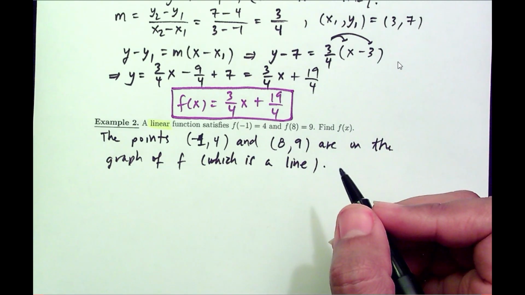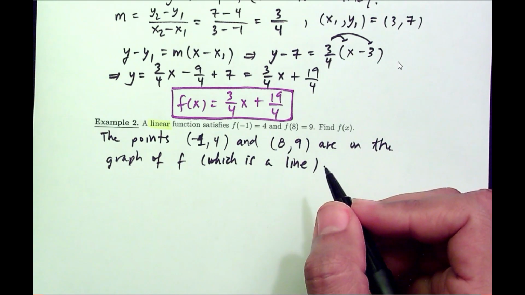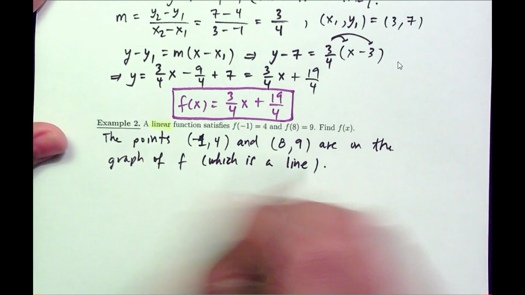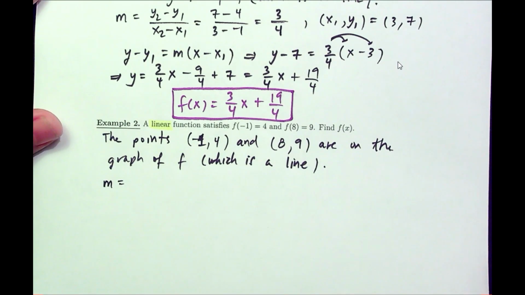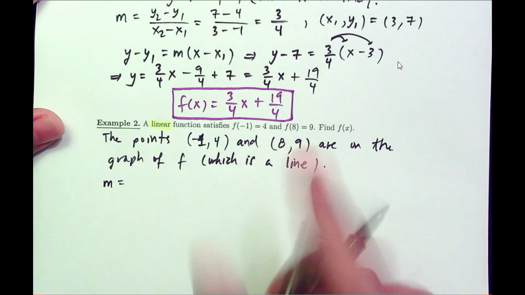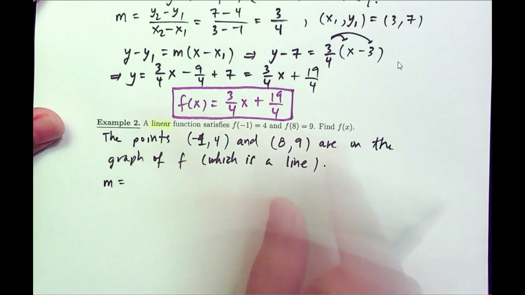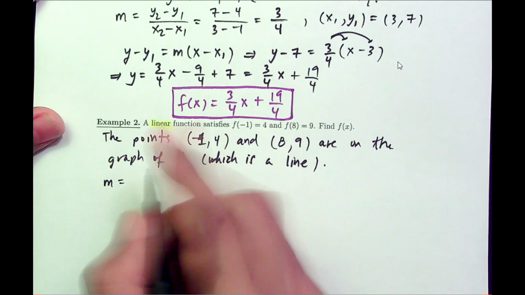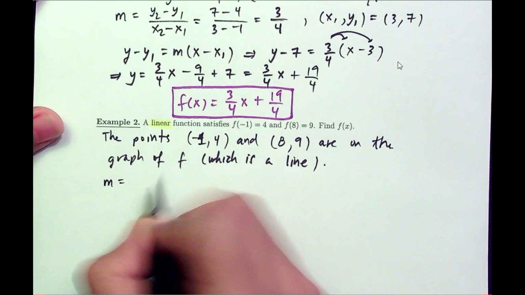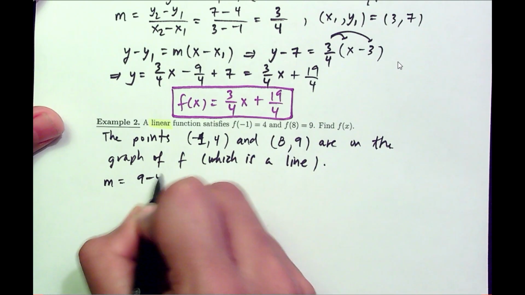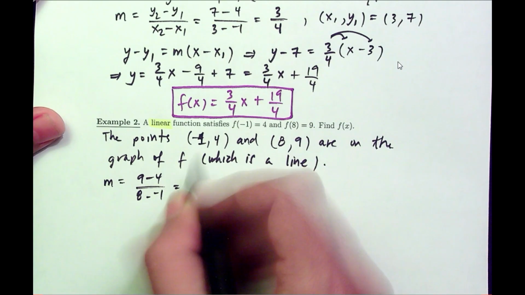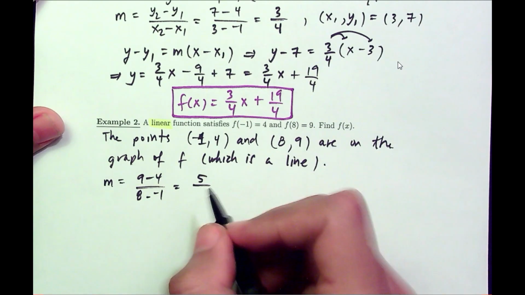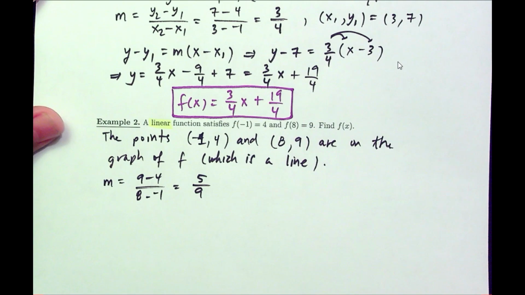And if you have 2 points, the way you find the equation of that line is, first thing, find the slope. So slope is subtract the y's, any order, just be consistent. So I like doing it left to right. 9 minus 4 over 8 minus -1, which gives me 5 over 9.